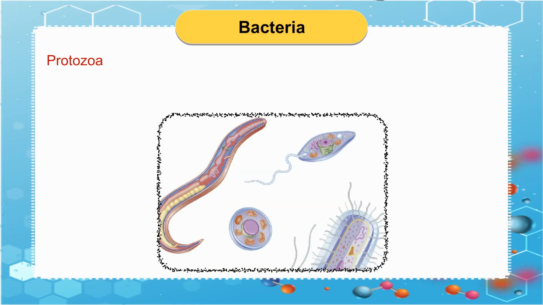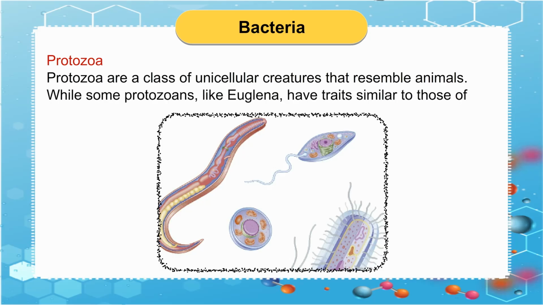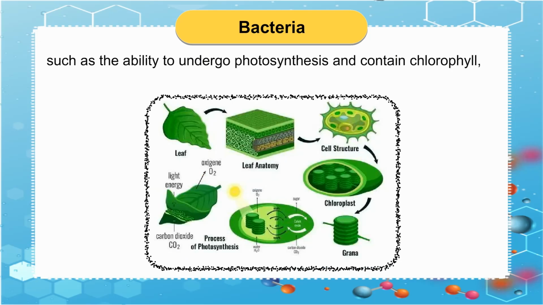Protozoa. Protozoa are a class of unicellular creatures that resemble animals. While some protozoans, like Euglena, have traits similar to those of plants, such as the ability to undergo photosynthesis and contain chlorophyll, these organisms also lack a cell wall.